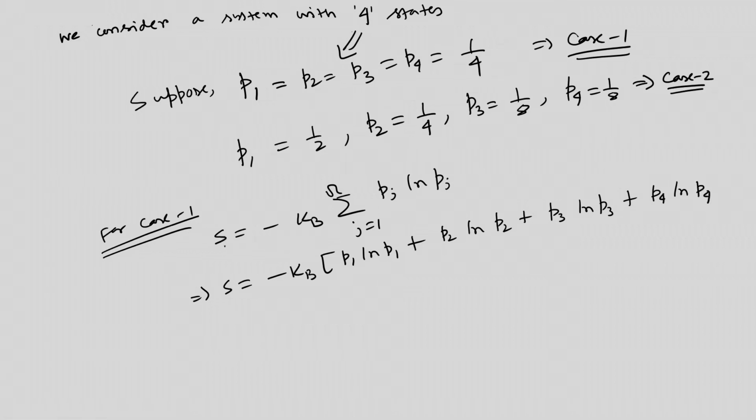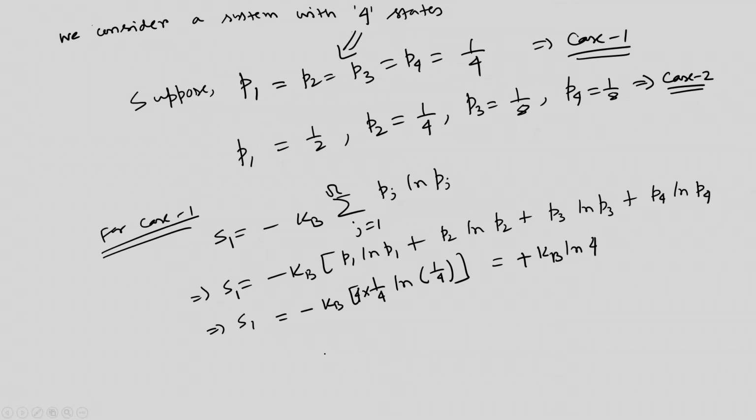So, here for case 1 the entropy we are calling S1. So, we get S1 is minus kB, 1 by 4 ln 1 by 4 times 4. So, we get plus kB ln 4. So, this is the value of entropy for case 1.